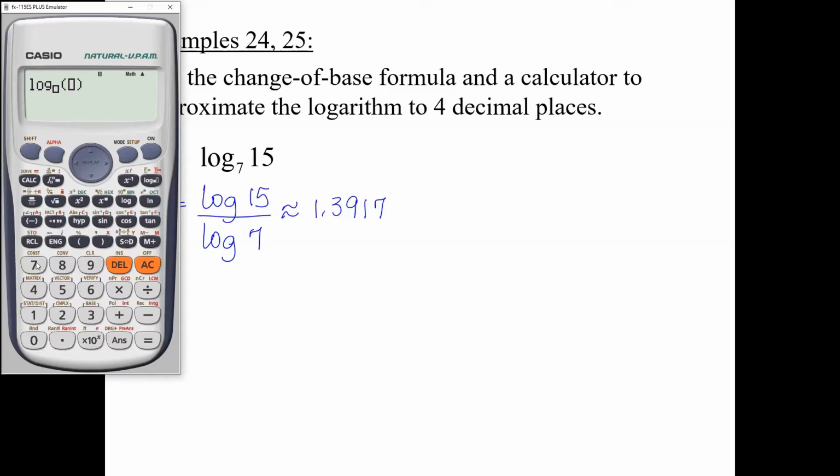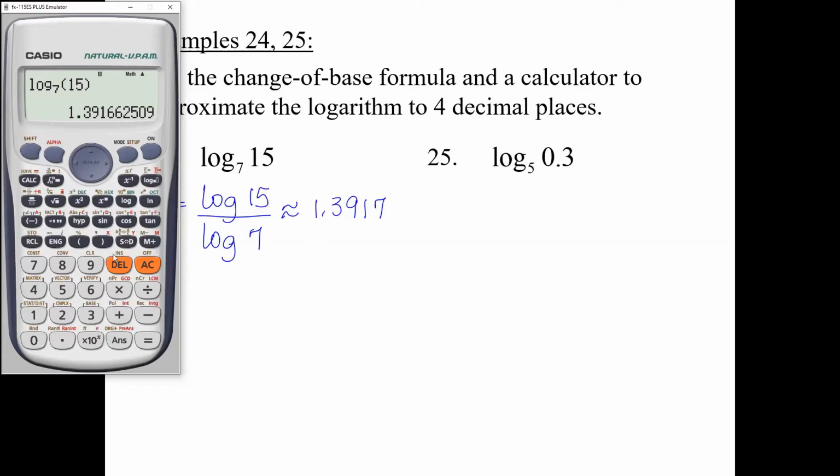In this case, we put in the 7, use the arrow to go over, put in the 15, and hit the equal sign. You see how much simpler that is with these calculators. That saves you all of these steps: 1, 2, 3 steps. And in a complicated problem, that's kind of a big thing. Okay, let's go on to the next problem.